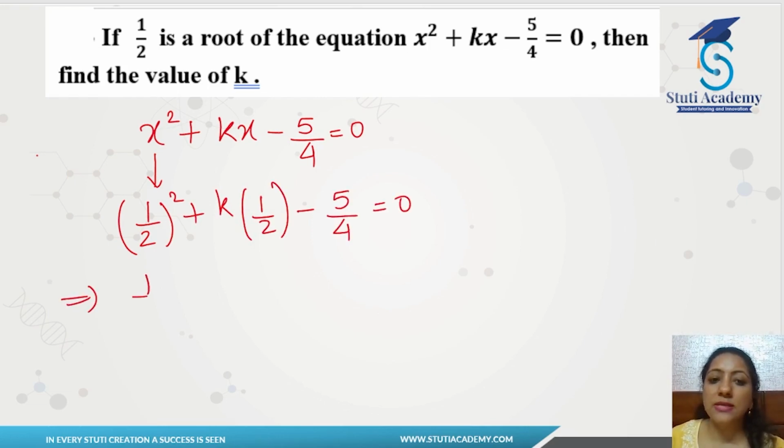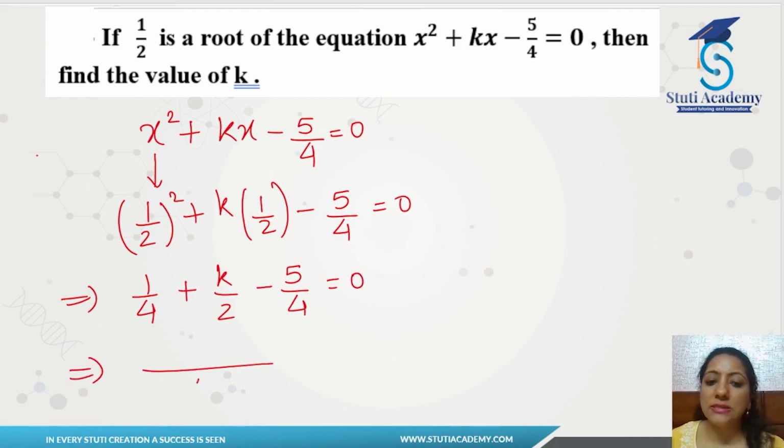So this can be written as 1 by 4 plus k upon 2 minus 5 by 4 is equal to 0. Here we have the LCM 4, and this can be written as 1 plus 2k minus 5 is equal to 0. This 4 will go on the other side and will get multiplied with 0.